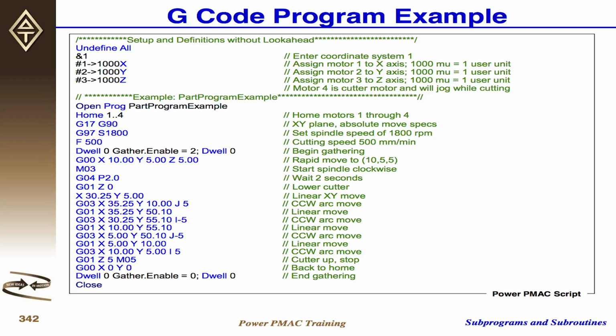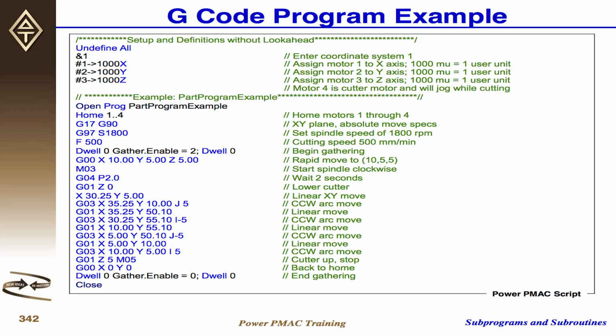And then you have a rapid mode, G00, X10, Y5, Z5. Then you're starting the spindle with M03. Then you're waiting for 2 seconds, G04, P2000. Then you're putting in the linear interpolation by G01 and lowering the cutter to Z0. And then you're executing some motion here.